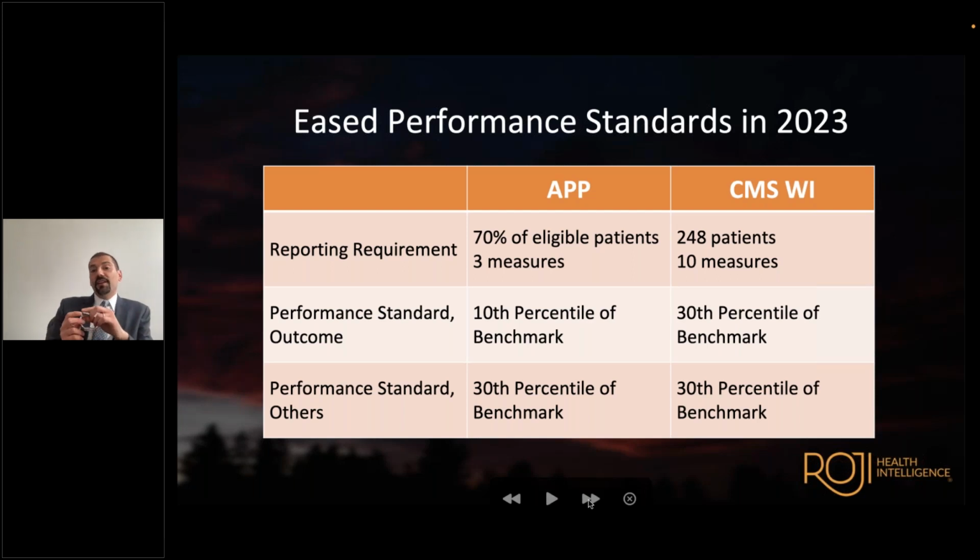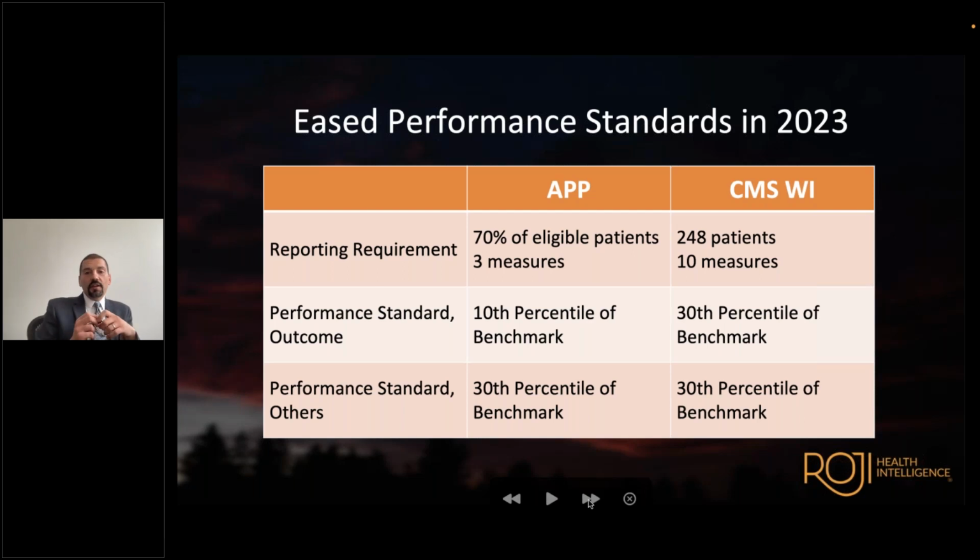It is definitely not accurate to say that it's going to be easier to report in the APP versus the web interface. So one of the things that CMS is doing, both because it is going to be a challenge on the data aggregation front, and also because you are reporting on all patients, not just the Medicare patients, is that the outcome measure performance standard is only the 10th percentile of the benchmark.